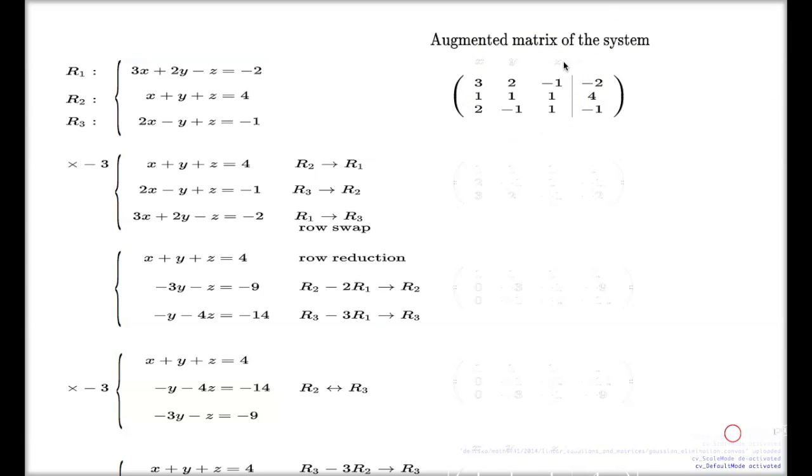My connection with the system is encoded here: the first column corresponds to the unknown x, the second column corresponds to the unknown y, the third column corresponds to z, and the equal sign is where my bar is.